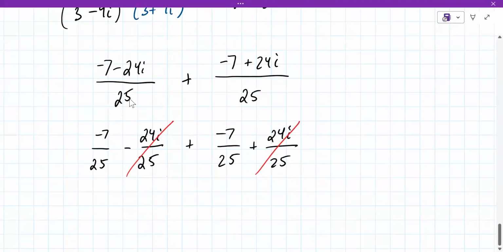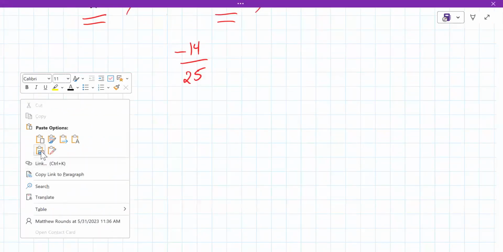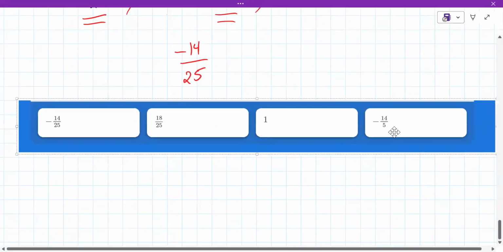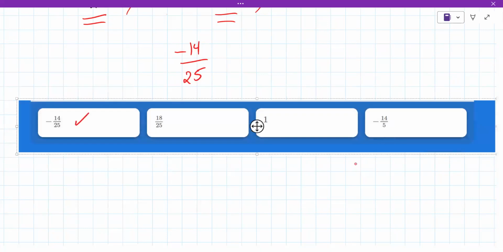And then you can actually add these two fractions together and get minus 14 over 25, which, believe it or not, is one of the answers. Which is this one over here on the left. Yay. So you're probably noticing the more we do these, they get longer and more challenging, but that's okay.